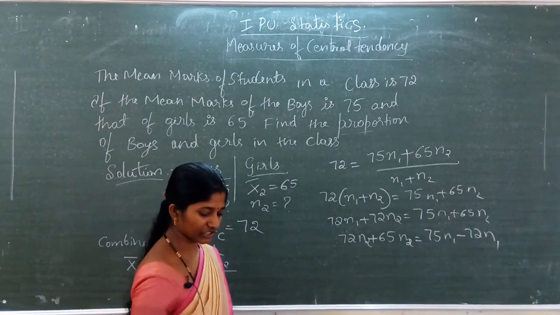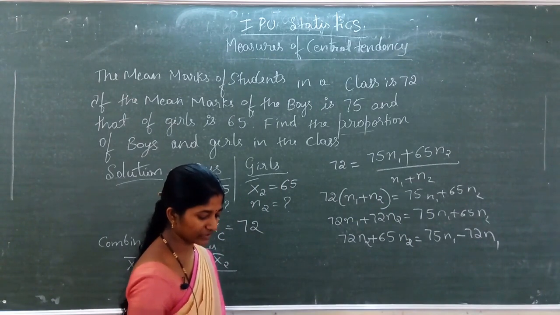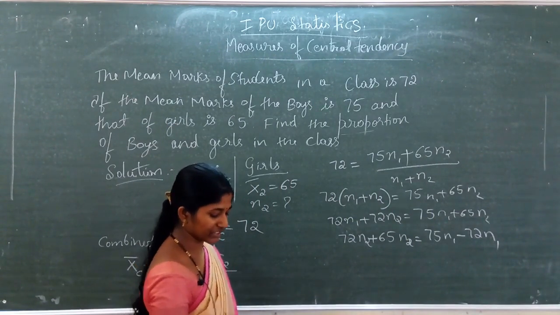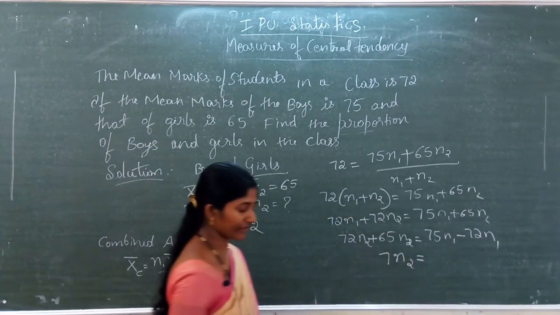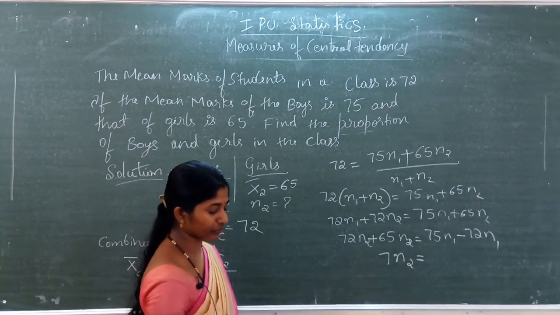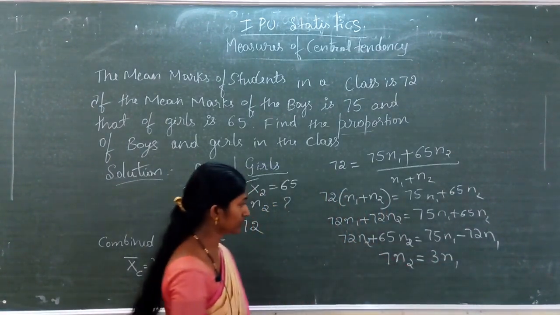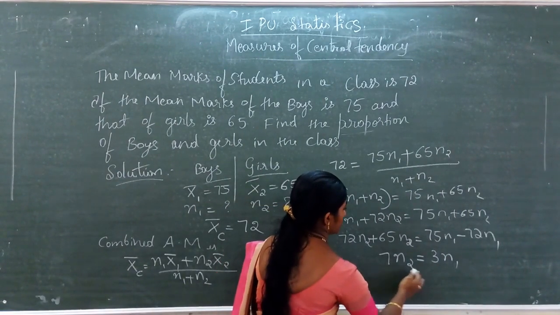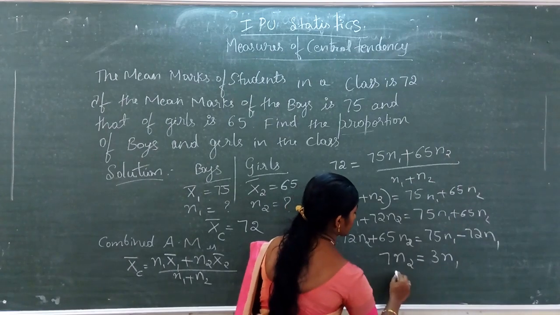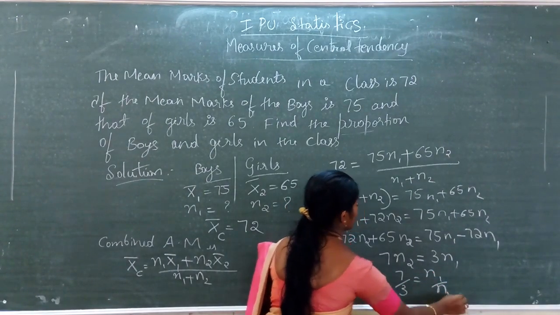See, after calculation we get the answer here: 72 minus 65 that is 7 n2 equal to 75 minus 72, that is 3 n1. Now write this as n1 divided by n2. 7 divided by 3 equal to n1 divided by n2.